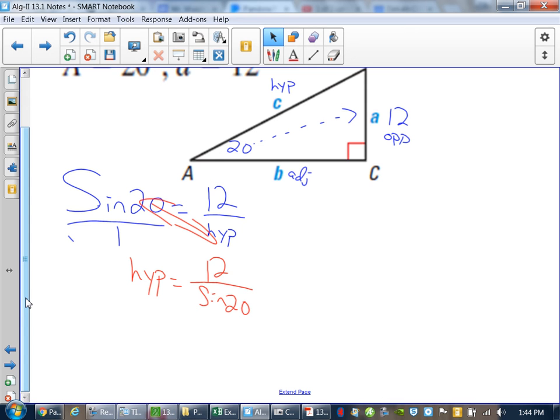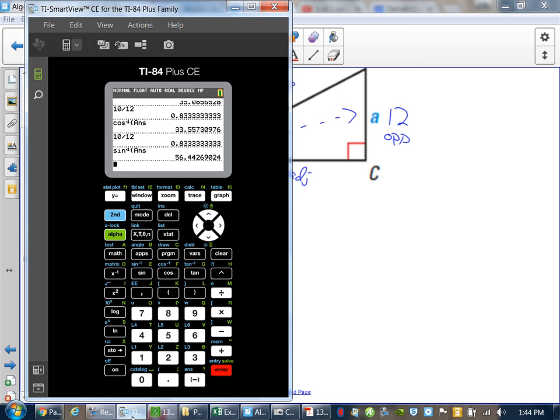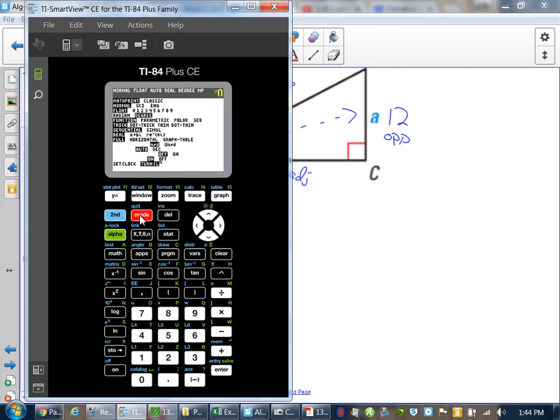Now, to make sure we are all in the right mode, we need to have our calculators in what mode do you think? In math mode. That's smart, yes. And when you turn on the calculators and press the button that says mode, you want to make sure that you are, for right now, highlighted in degrees.